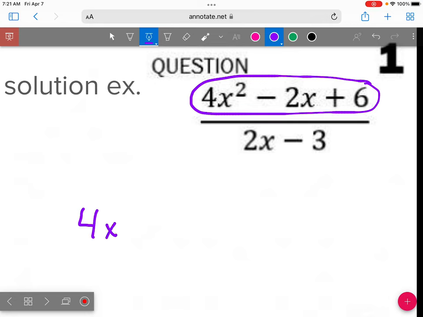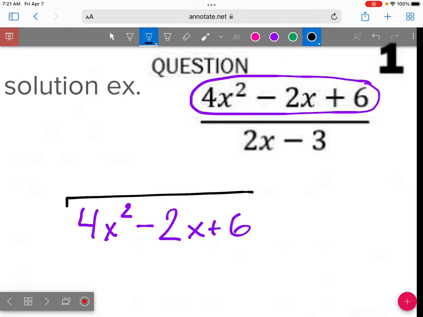Our 4x squared minus 2x plus 6, and we want to divide that by our 2x minus 3.